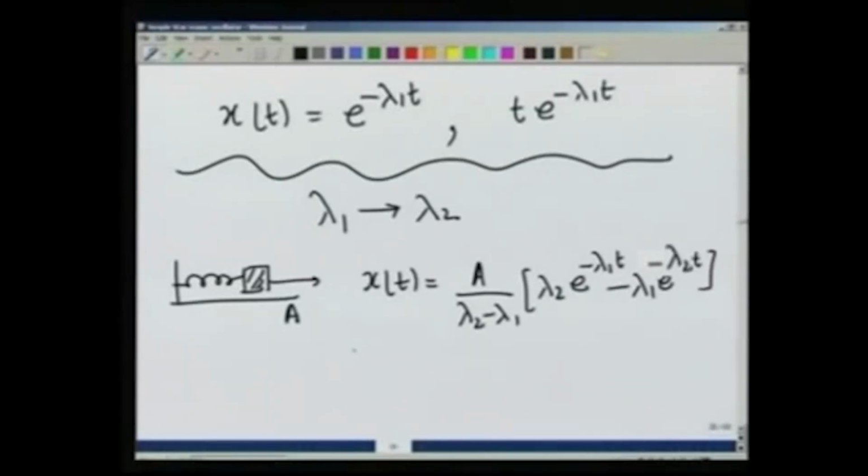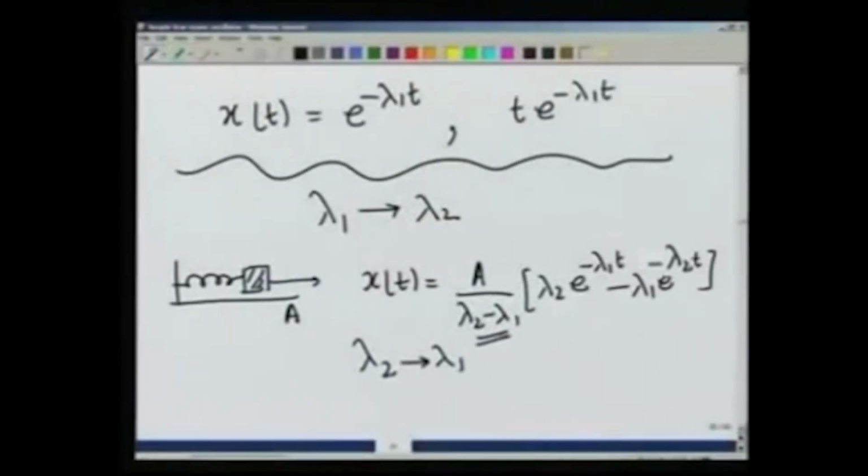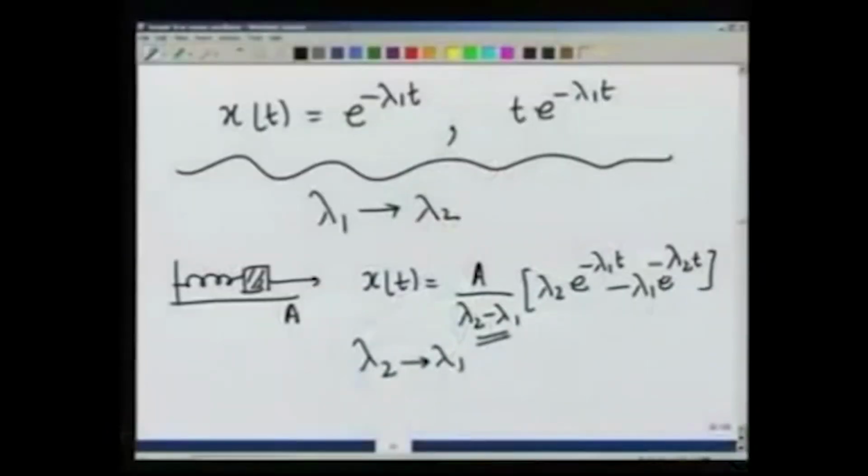Now, I am going to let lambda 2 go to lambda 1 and find the limit of that solution. Notice that I cannot put lambda 2 equals lambda 1 directly because I am dividing by lambda 2 minus lambda 1, and therefore, I have to take the appropriate limit. So, let us see what happens in this case.